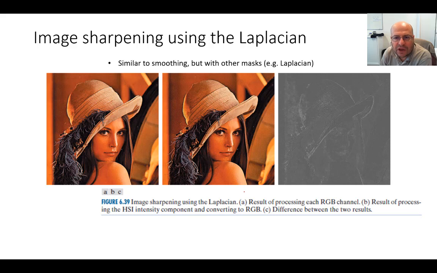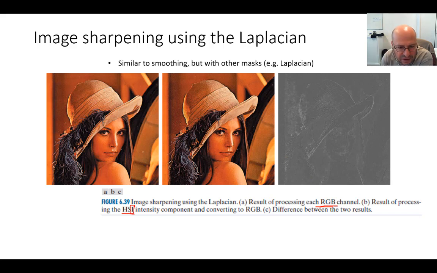In image sharpening, you can also work in the color space, and it's the same case: you can either apply it on the 3 components of the RGB channels, or you can apply it on the I component, in this case an HSI image. You apply the sharpening on the intensity component, then convert into RGB.